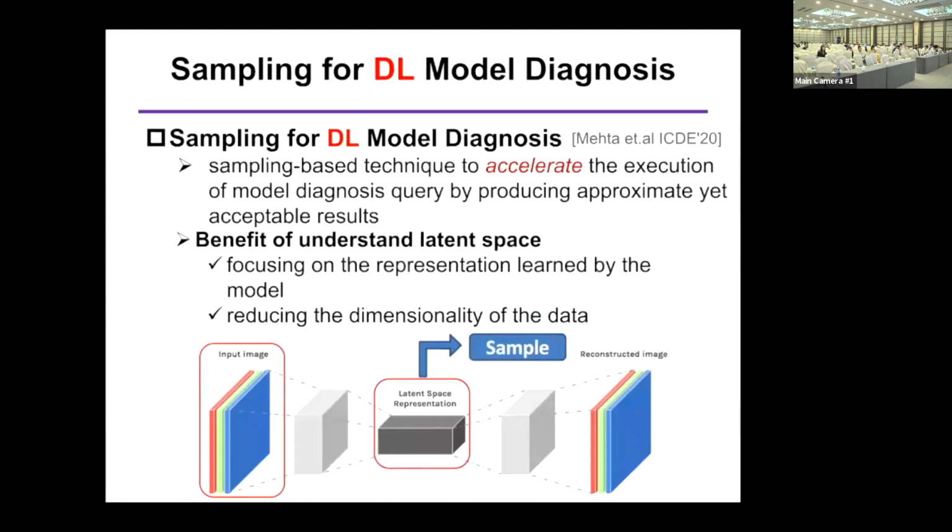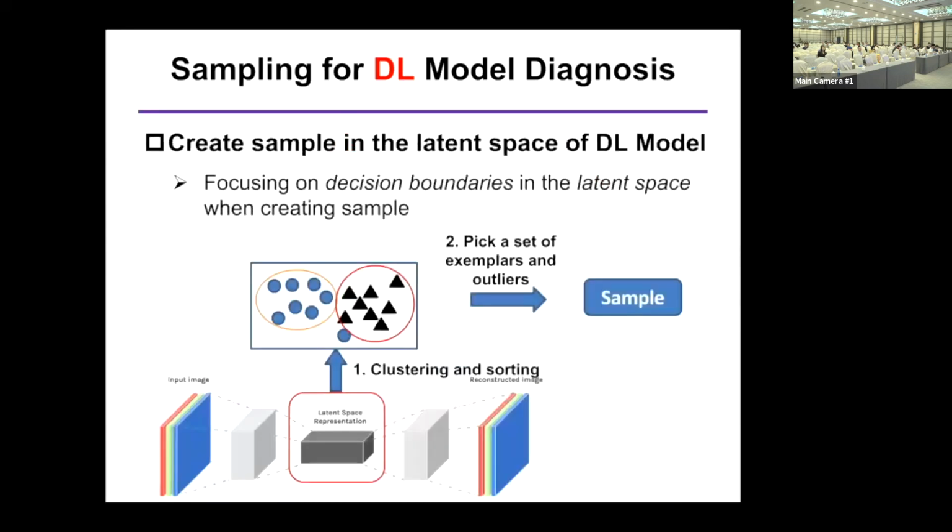And there is also a sampling method for deep learning model diagnosis. It is to accelerate the execution of model diagnosis queries by producing approximate yet acceptable results. It focuses on the representation in the latent space because vectors there can reduce the dimensionality of the data and it will be more efficient.